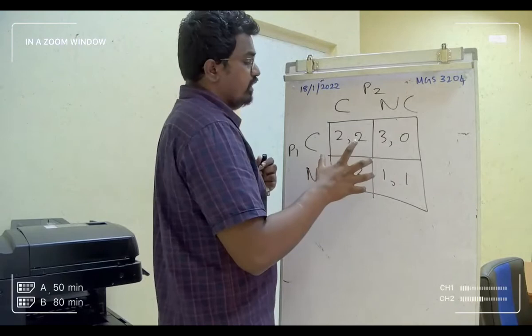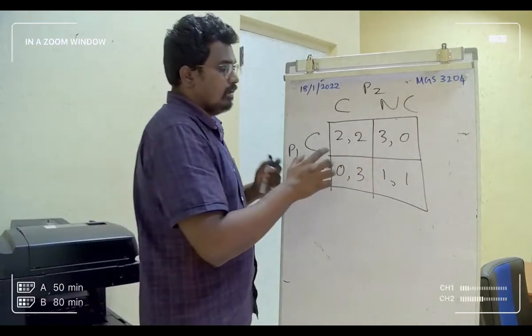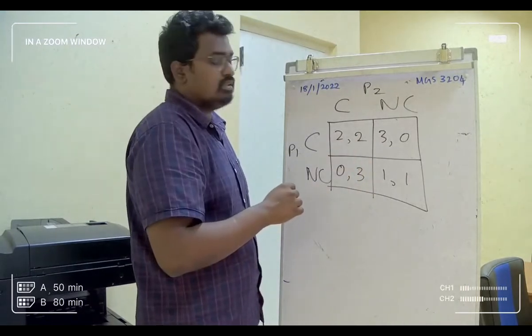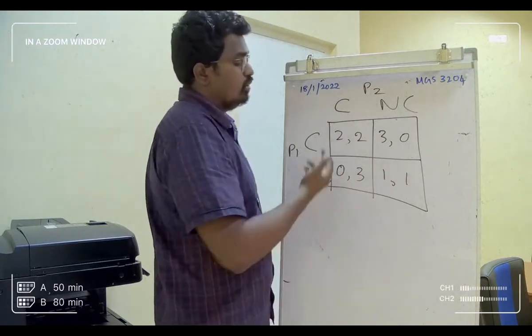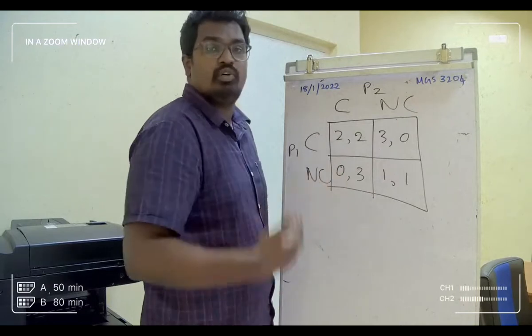These outcomes are given in number of years in jail. It means 1 is only 1 year in jail, 2 means 2 years in jail, 3 means 3 years in jail. The higher the number, the worse your outcome.